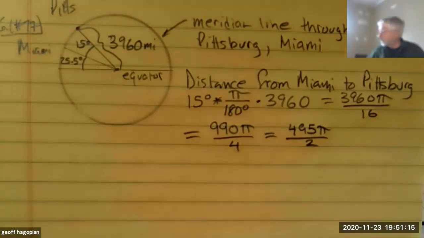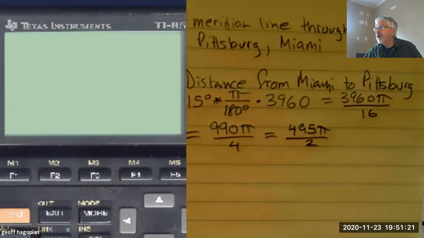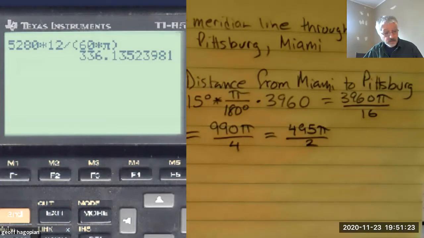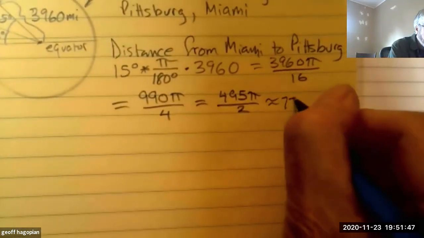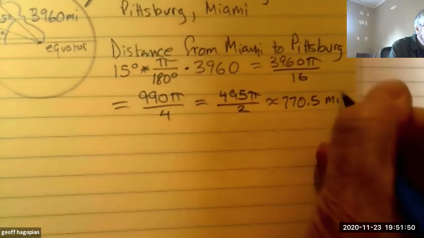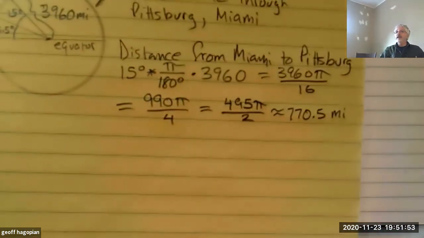And let's go ahead and approximate that, for which I need my calculator. So this is 495 times pi divided by 2, which is 770.5 miles. So this is approximately 770.5 miles. Does that comport with your general understanding of that drive?